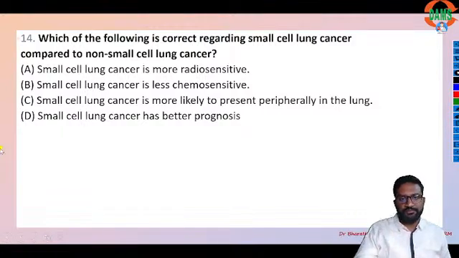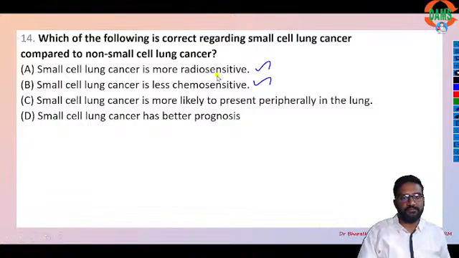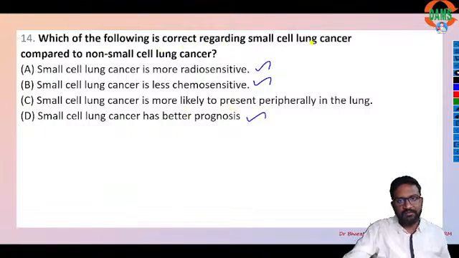Now, which of the following is correct regarding small cell lung cancer compared to non-small cell lung cancer? Small cell lung cancer is radiosensitive and chemosensitive, but recurrence is very quick. That's why it has a poor prognosis. Has better prognosis? This is false.